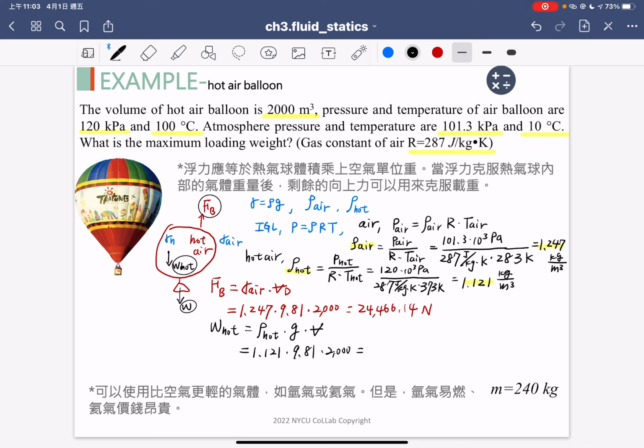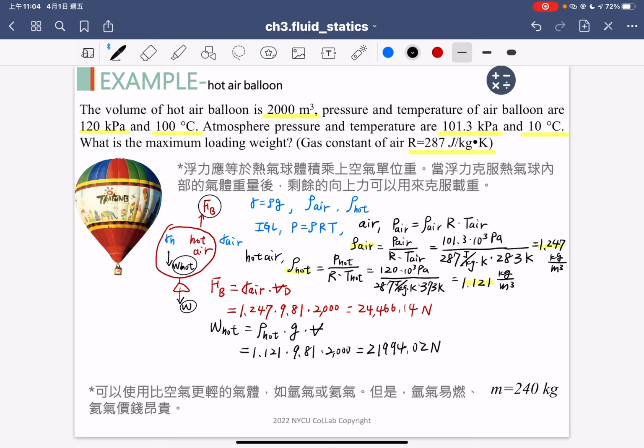So we can compute the total weight of the hot air, which is 2199.02 Newton. Finally, I only have one downward force, W, the people weight.